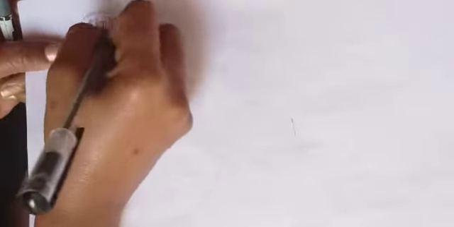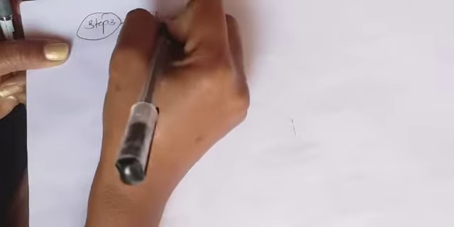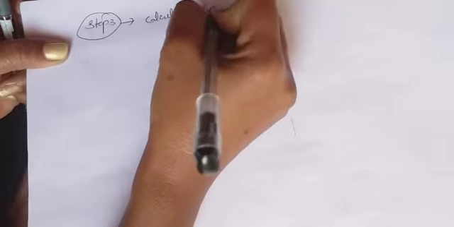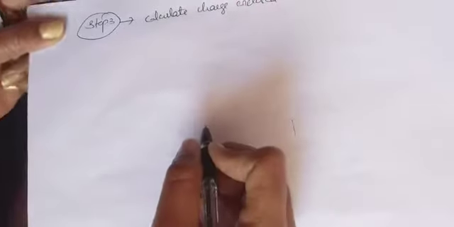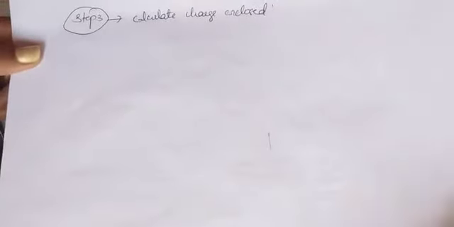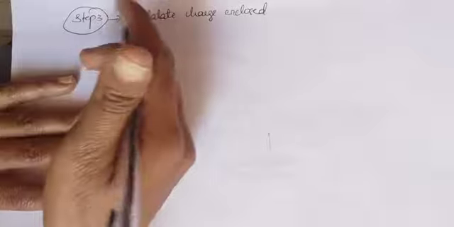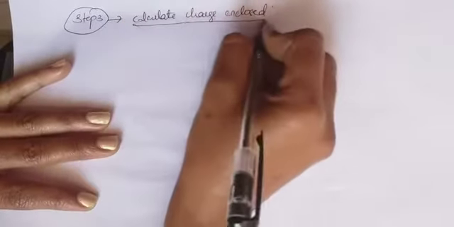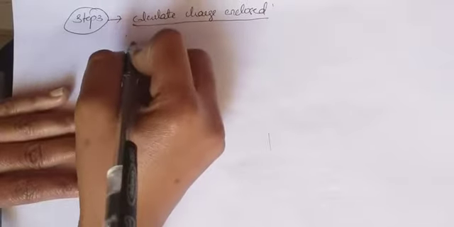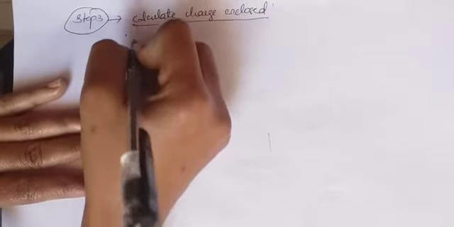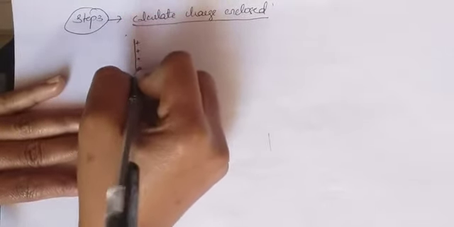Step 3 is what? We have to calculate the charge enclosed within the surface. Here we are considering the cylinder, and we have the charge distributed along the length of the rod.